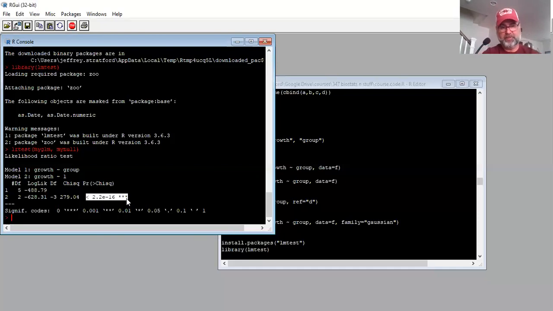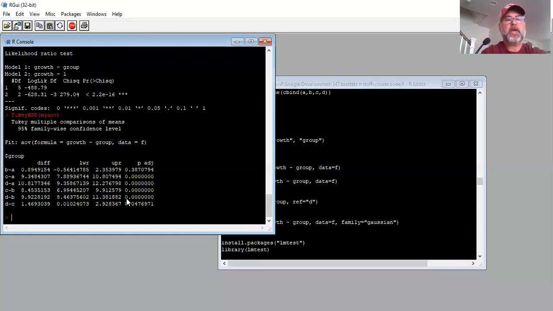All you do is type in Tukey with a capital T, HSD, all caps, and then the name of your ANOVA. And it's important that you did it as an ANOVA. If it is a GLM or an LM, this will not work. So I think we called it my AOV.